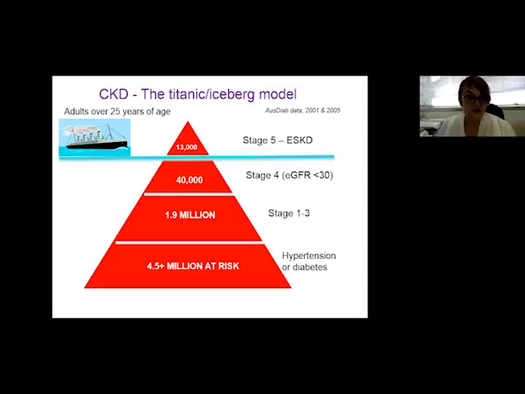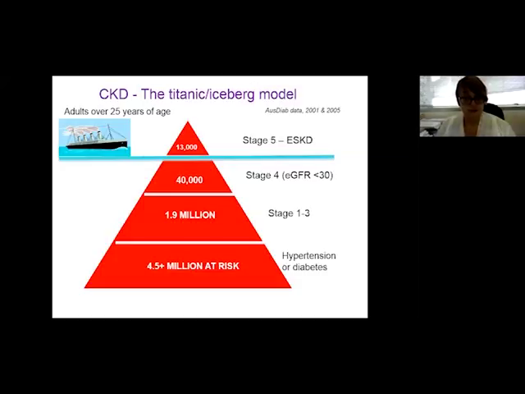And it's these other stages, the part of the iceberg below the water, where people need to be assessed and monitored for their chronic kidney disease. And we don't want their chronic kidney disease to get worse and get up to the tip of the iceberg. Could you imagine if 11% of the Australian population was on dialysis?